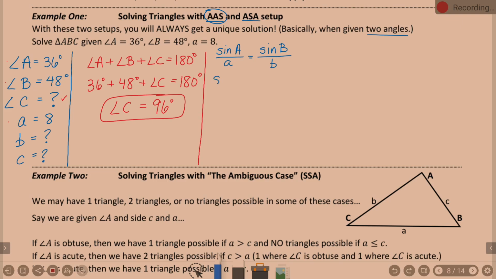So sine of A, I'm going to fill in. This is what Angela was talking about. Sine of 36 degrees divided by side A, which is 8, equals sine of B, which is sine of 48 degrees, divided by B. I don't know little b. How do we solve?